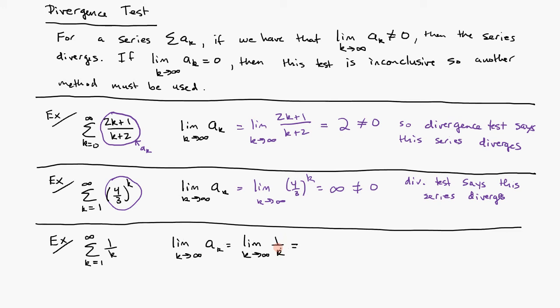As k goes to infinity, this gets smaller and smaller, so this limit goes to 0. In this case, when the limit is 0, the divergence test is inconclusive. But we'll see later on that this series actually does diverge.